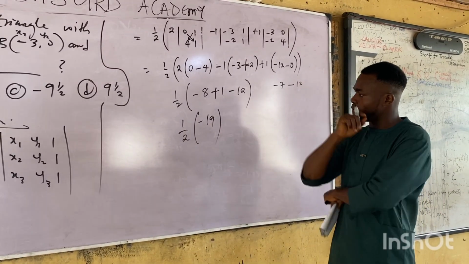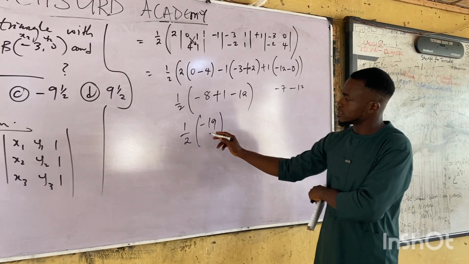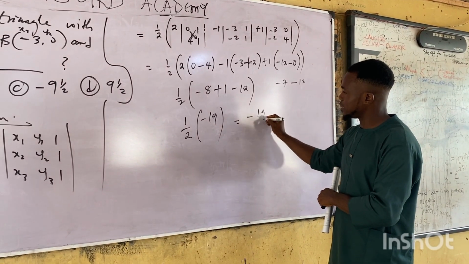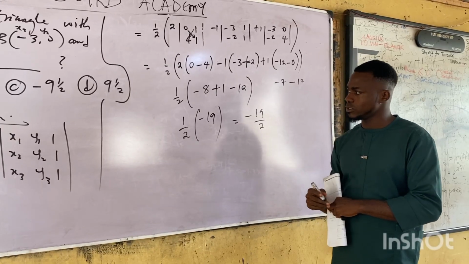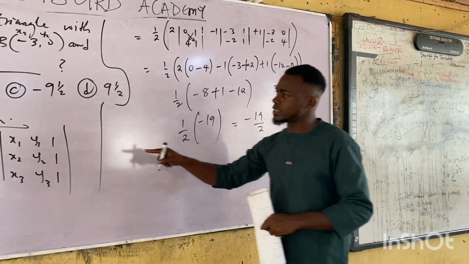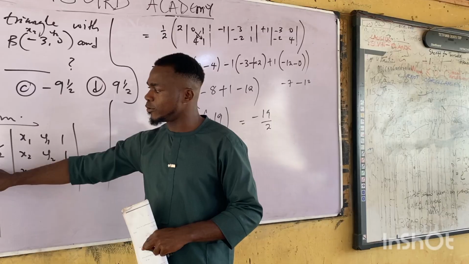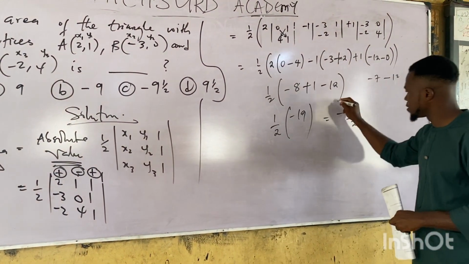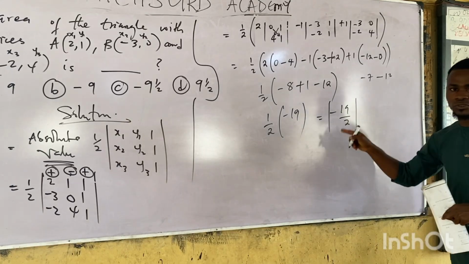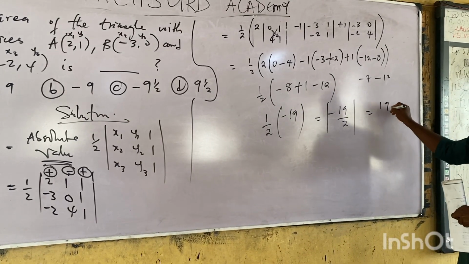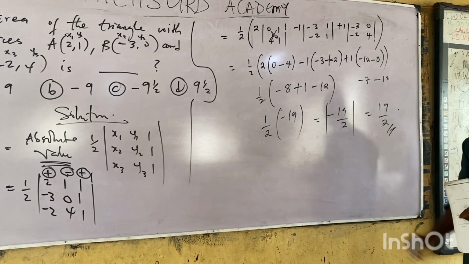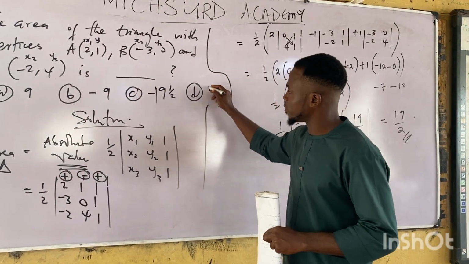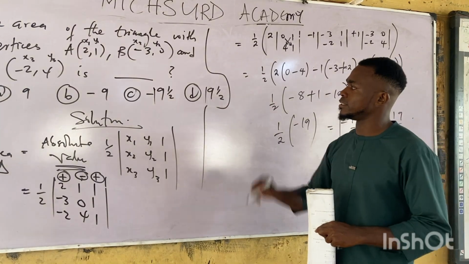So this here will give us minus 19 over 2. But the question says the absolute value. So the absolute value means we are going to convert the minus to plus. So this will give us 19 over 2 as the answer.